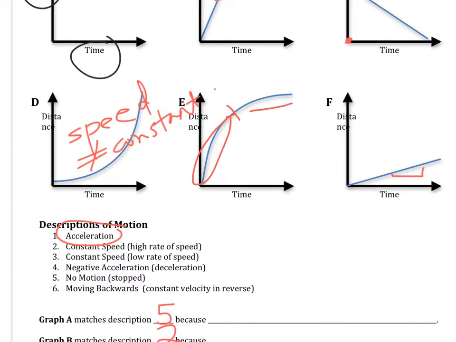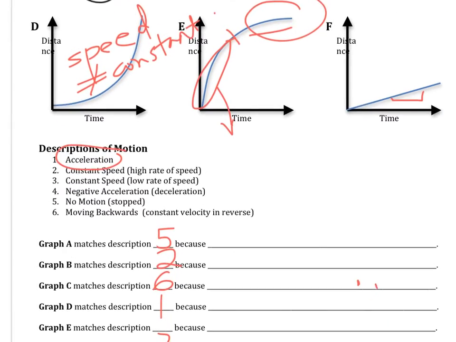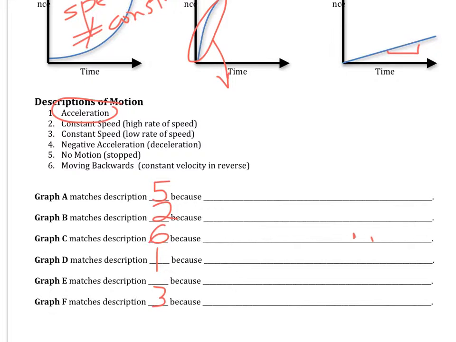So if the slope here is greater, that means the speed here was greater, and then the speed in the second part of the graph was lower. If the speed is greater here and then lowers in the second part of the graph, then we know that the vehicle, or whatever this represents, is decelerating. So for graph E, we have negative acceleration, which is number 4.